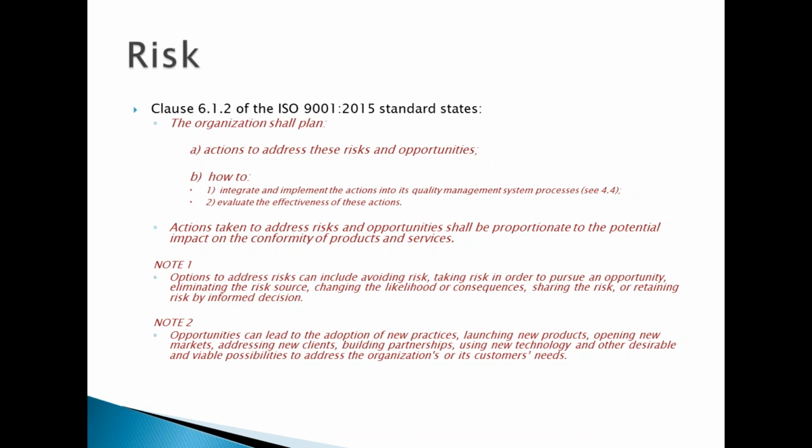This is not a case of having a separate standalone risk management process, at least in terms of that being demanded. And then you have to have a process for evaluating the effectiveness of those activities.